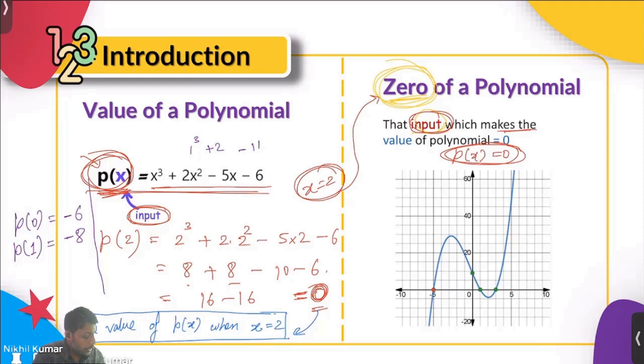So, if I have to find out the coordinates of this point, it will be minus 5 comma 0. And what is minus 5? It's the x coordinate, and 0 is the y coordinate, right? So x is your input, y is your polynomial, right?